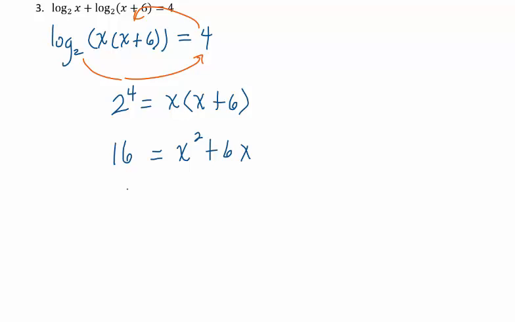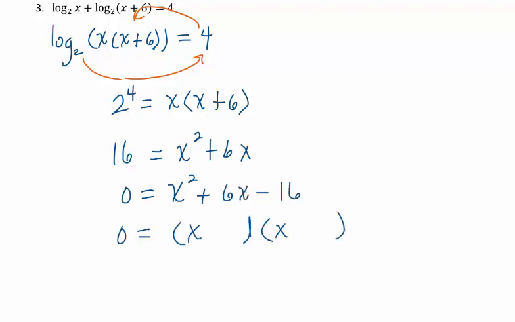We move the 16 to the right-hand side, so we get x squared plus 6x minus 16, and try to factor. Factors of negative 16 that add to give us 6 are positive 8 and negative 2.